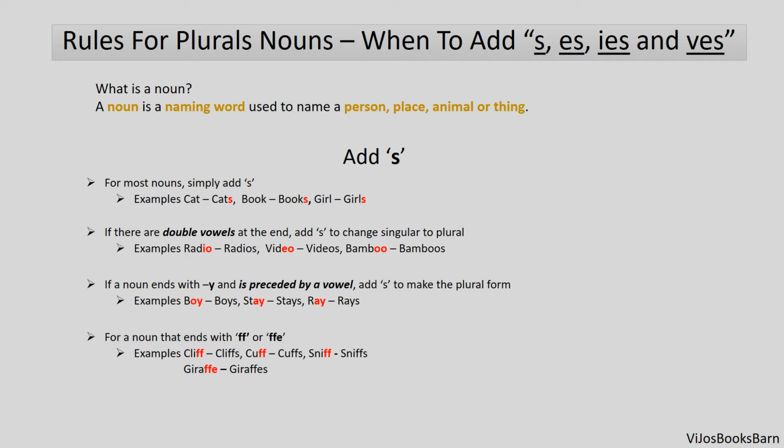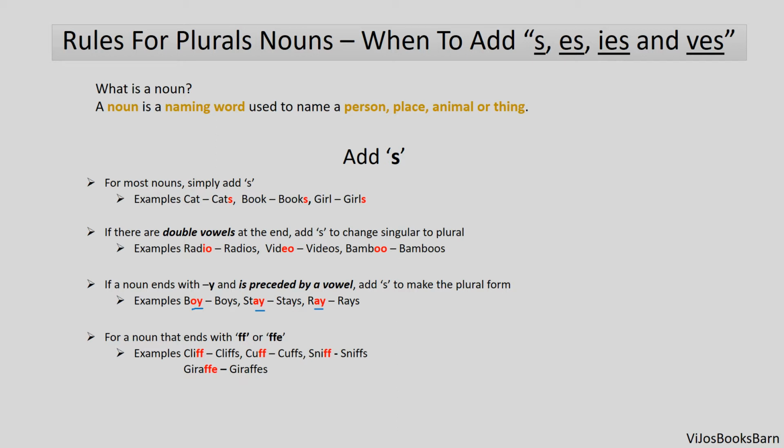So if a word ends with Y and has a vowel just before that Y, as in boy, this boy has O just before Y. Stay, it has A, which is a vowel, before Y. And ray, it has an A before Y. So when a noun ends with Y and is preceded by a vowel, in that case add an s to make the plural form.